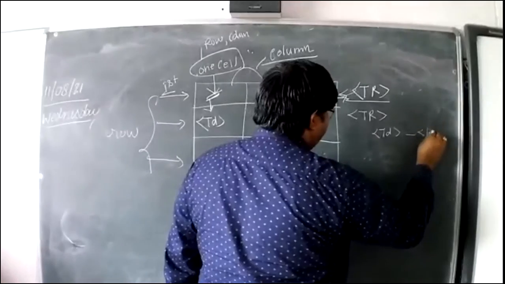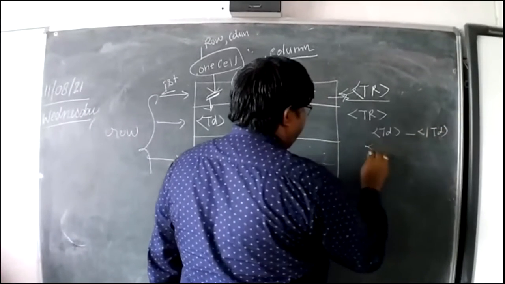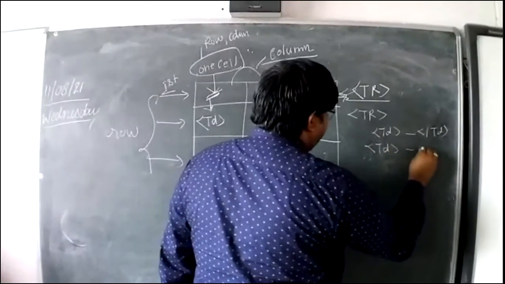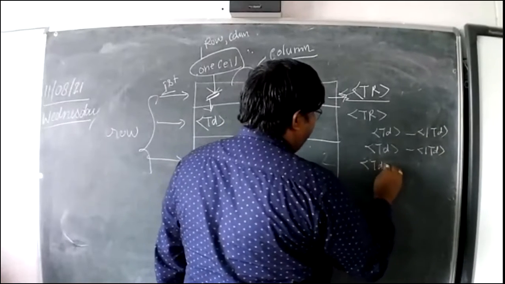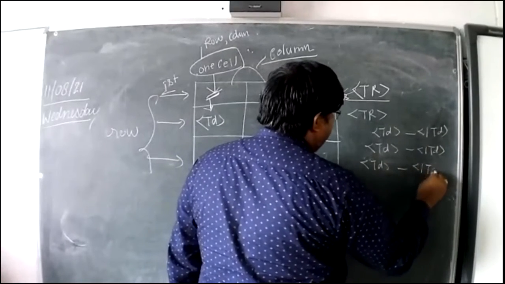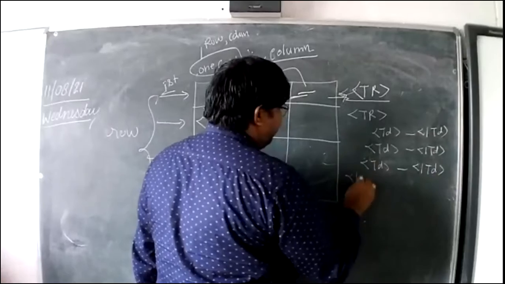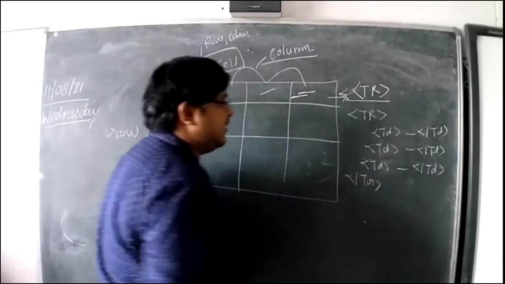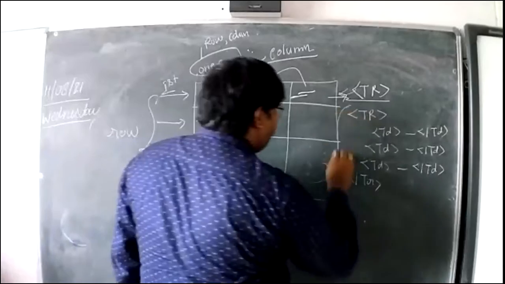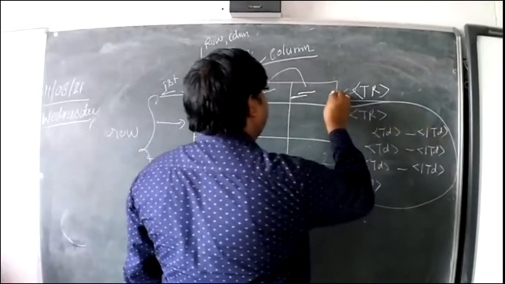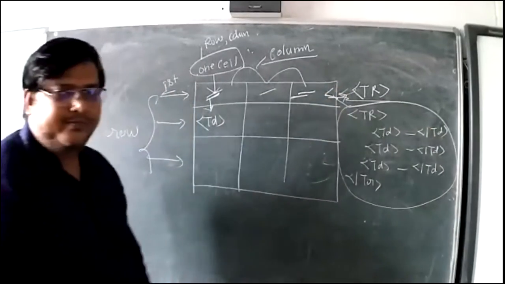TD open, TD close, and again TD open, TD close, and then again TD open, TD close. And then finally I will close the TR. If we write like that, we complete the first row's information.